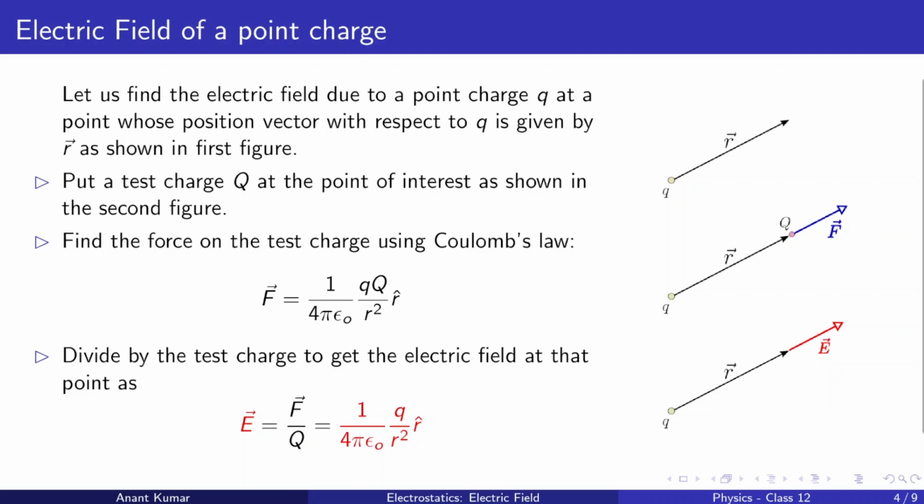So for a positive point charge, the electric field at any location points away from the point charge, while for a negative charge it points towards the point charge. And the variation is just 1 by r square. Obviously, if I go to a point which is double the distance from a previous location, the electric field simply becomes 1/4 of the magnitude. It goes down.